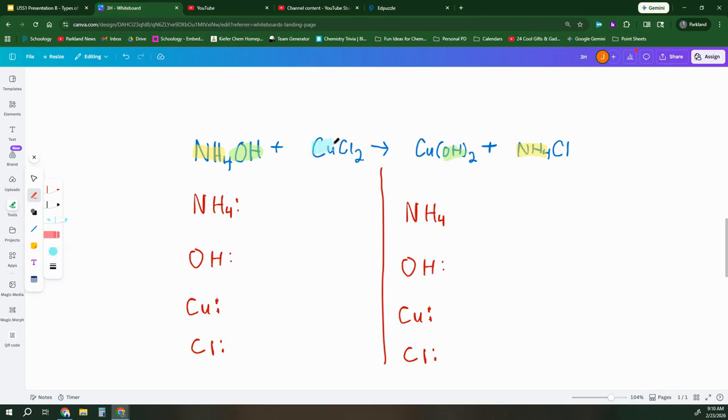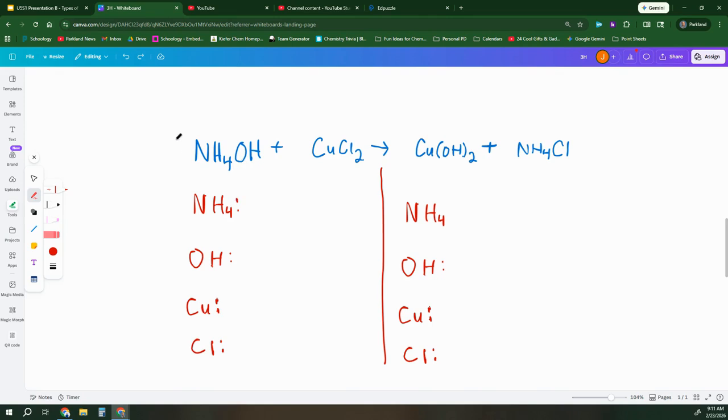Looks like Cu stays by itself on both sides, but it's with that partner ion. And Cl is that other partner ion. So we can see NH4 switches places with Cu. Instead of NH4OH, we have NH4Cl. And instead of CuCl, we have Cu(OH)2. And I'm going to count by these polyatomic ions in that balancing down below.